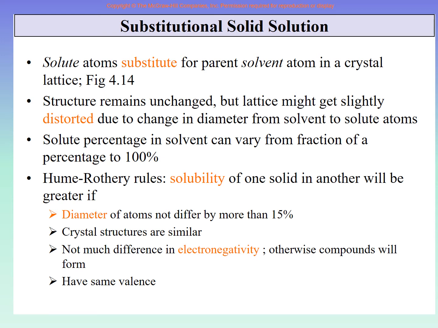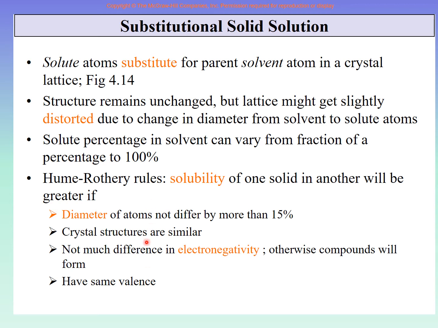That is why the two rules are there: they should have the same valence number and the difference in electronegativity should also be small. If these two rules are satisfied, then neither covalent nor electrovalent compounds will be formed, and therefore they will remain as a mixture or solution.